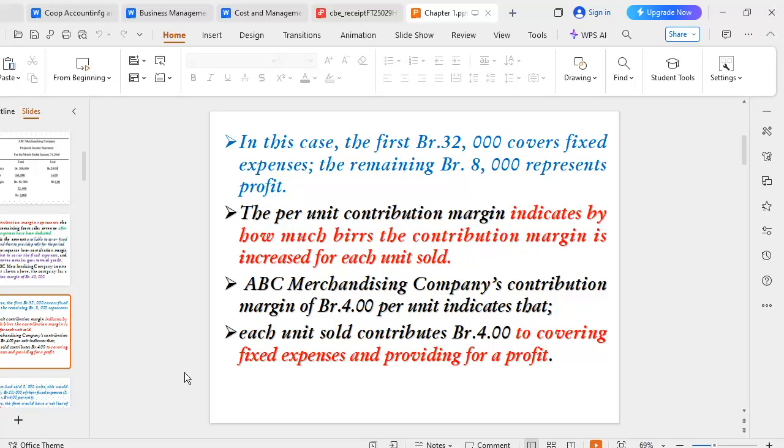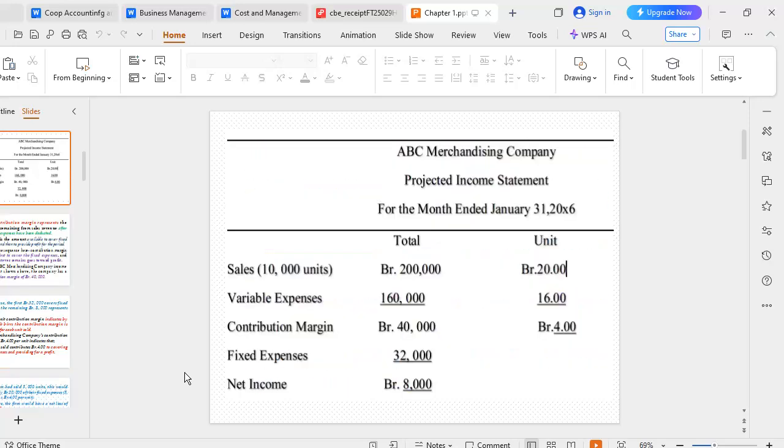The per unit contribution margin indicates by how much the contribution margin is increased for each unit sold. For each unit sold, how much it increases. It represents each unit. For example, here it is 4.